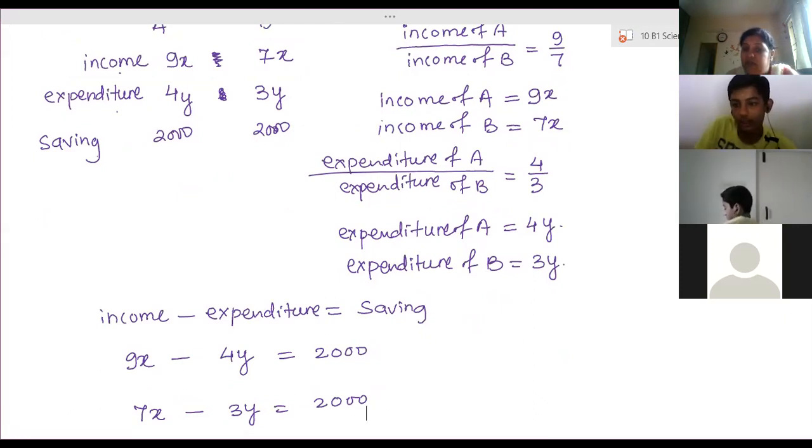Ma'am, in the elimination method, if the constants are the same, can we subtract or add them, only with x and y? No, directly do elimination. Don't go with any other method. Don't confuse it.